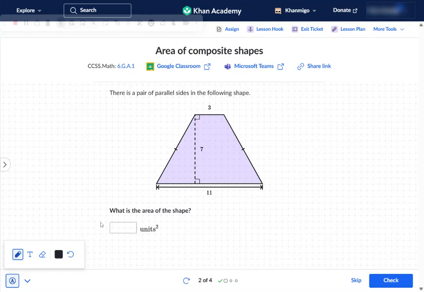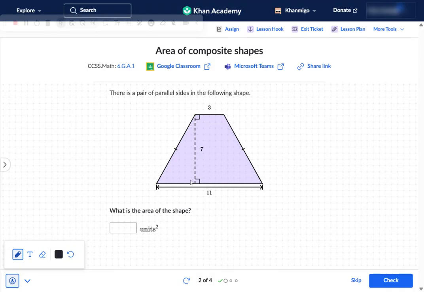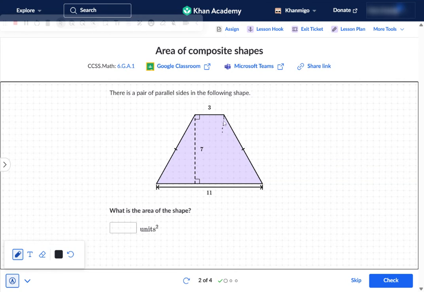All right, so again, we've got this composite shape. I'm going to break it up into easier shapes. We can see right off the bat, we're given a triangle here. It looks like this is a trapezoid shape, but in case you forgot the area of a trapezoid, we're going to keep it simple and just stick to talking about rectangles, squares, and triangles.